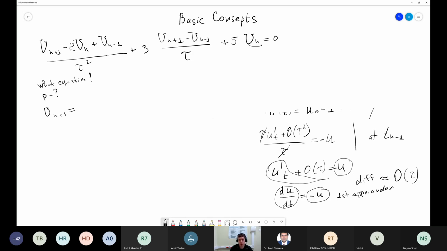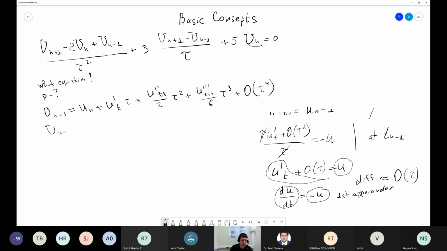It is a good idea to use the point n because of the symmetry of all these terms, and to write the Taylor expansion near this point: u_n plus u_t tau plus second derivative divided by 2 tau squared plus third derivative divided by 6, 3 factorial, tau cubed, etc., plus O of tau to the power of 4.